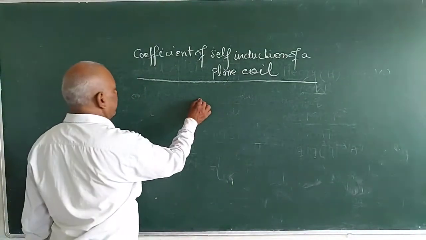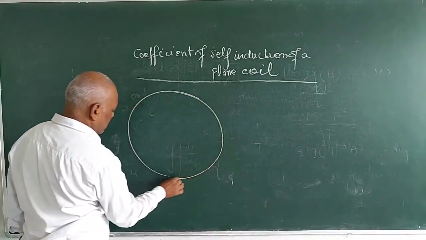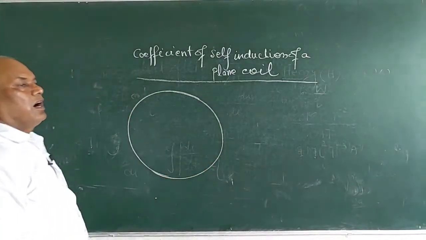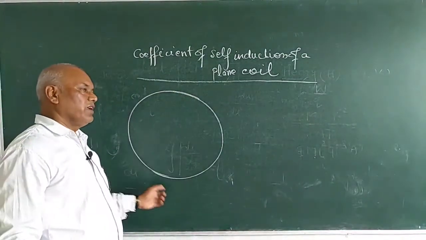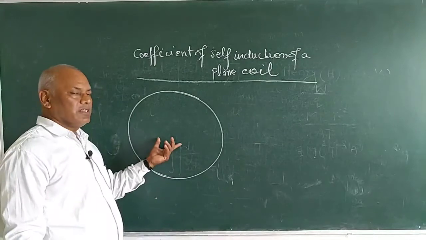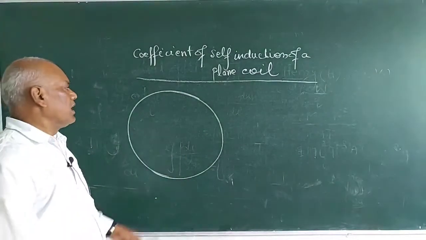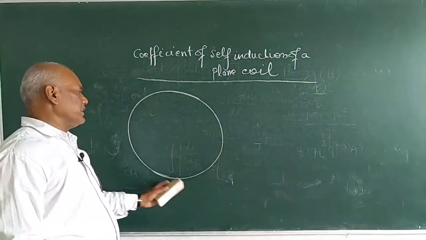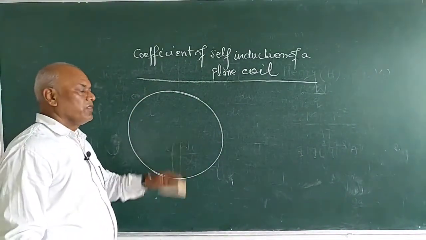Look here, let us suppose this is a coil of N turns. How will you make this coil? You will take a thin long wire, and when this thin long wire is converted in a circle, then it is called a coil.